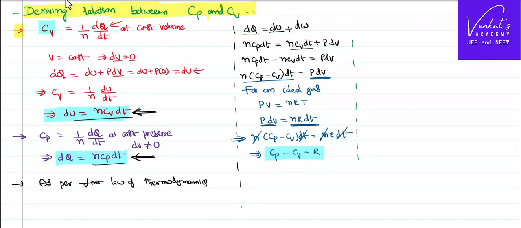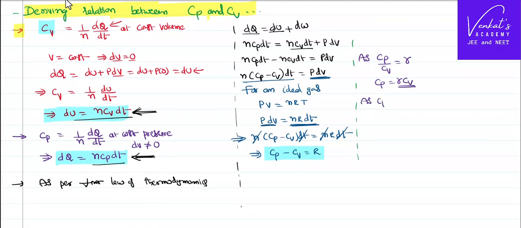Anyway, we can extend this discussion a little further and derive a few more things. What are those we can derive? Let us see. We know the ratio of specific heats of a gas, Cp by Cv, is defined as gamma. In the place of Cp, I can write gamma into Cv.